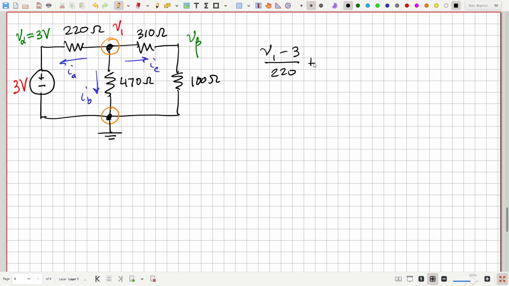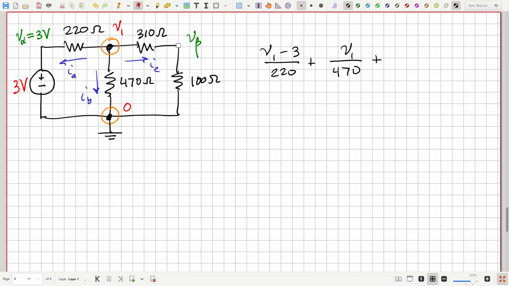That's the current IA. IB goes from V1 to 0, our reference, which is at 0 volts, so V1 minus 0, or just V1, over 470 ohms. And then IC looks like it would be V1 minus V beta, which we don't know, over 310.